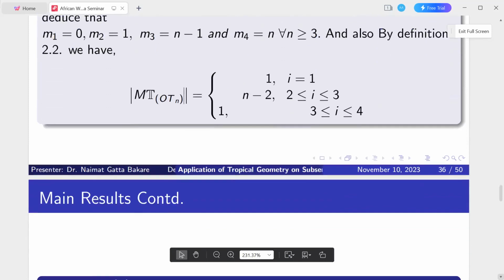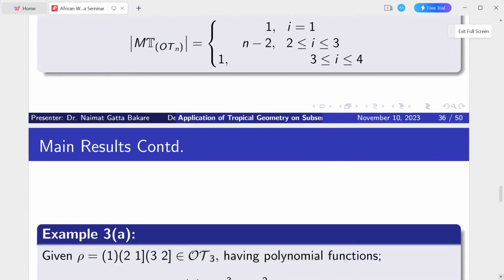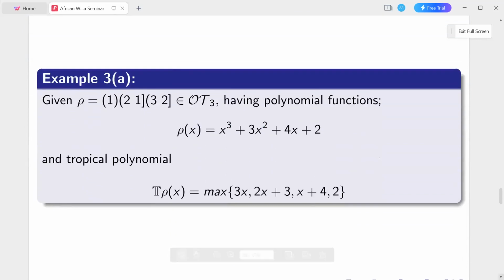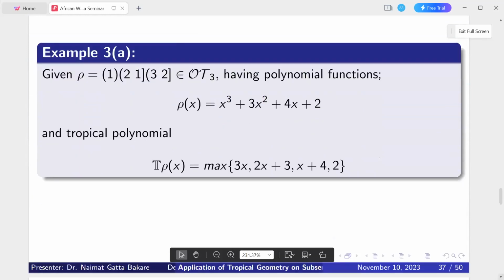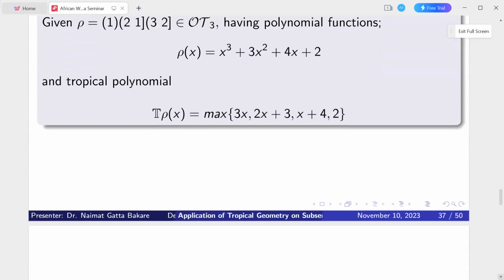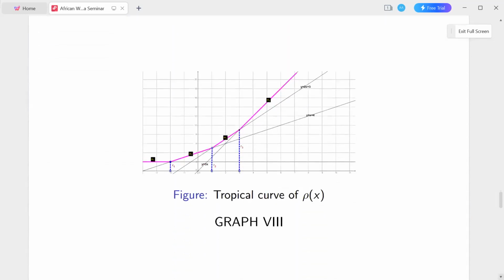So this is telling you that the multiplicity of any element of the order preserving transformation can be obtained by using the general formula. So we use an example to validate our result by taking a small number of n, the lower number of n of 3, taking their polynomials, taking their tropical, plotting their graph, and seeing their multiplicity. We obtain the roots.